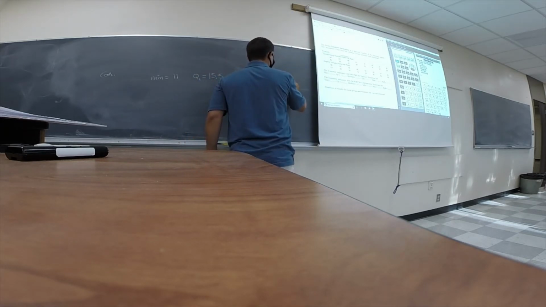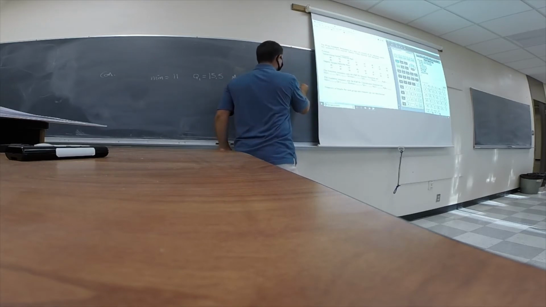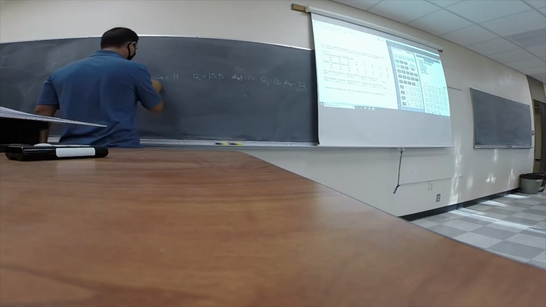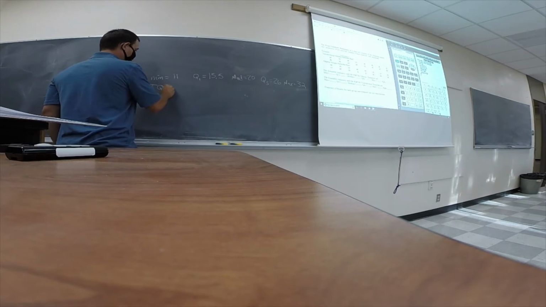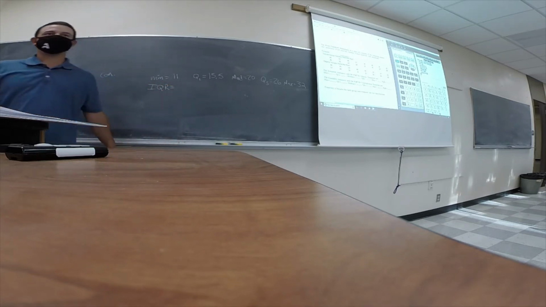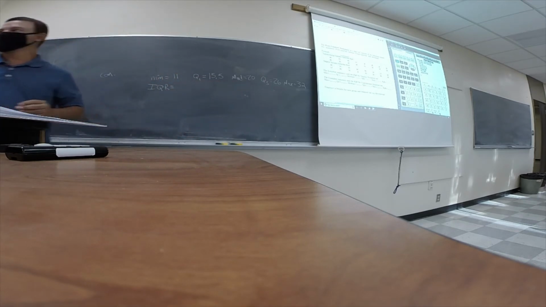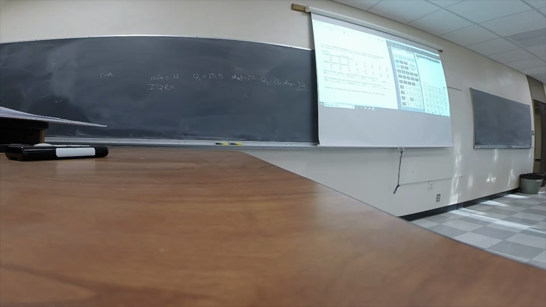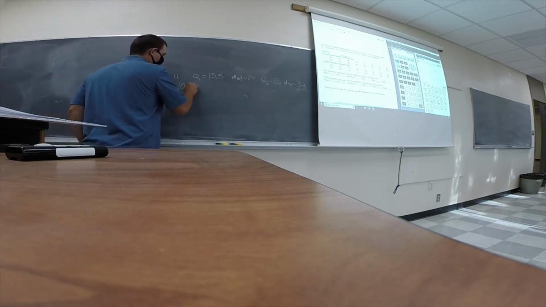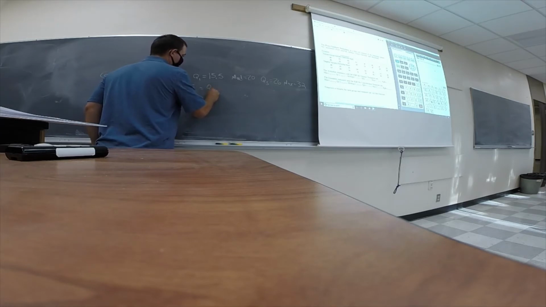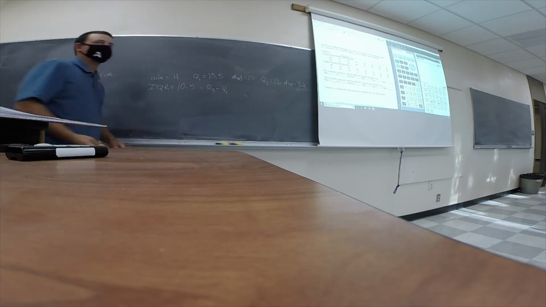Max is 32. And my IQR is what? Q3 minus Q1. So let's look at Q3 minus Q1. 26 minus 15.5. 10.5. So your IQR is 10.5. Remember, you got to do Q3 minus Q1 for your IQR.